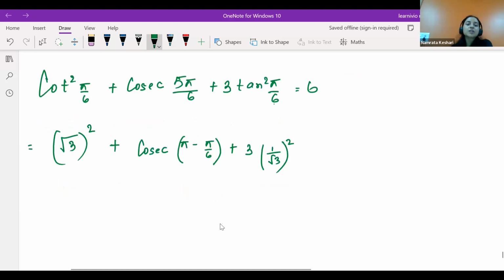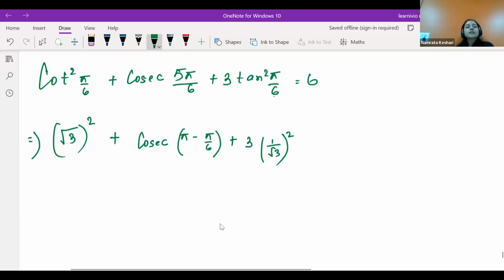Let's check it. Are we going to get the right hand side? Cosec pi minus x is sec, sorry. Is it sec or just cosec? With pi, transformation doesn't occur.